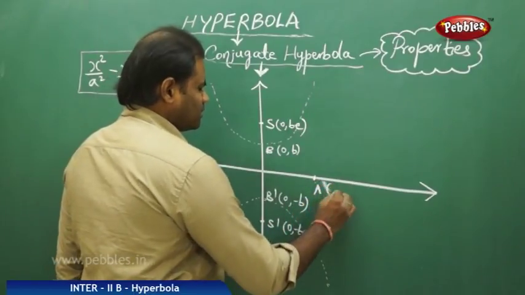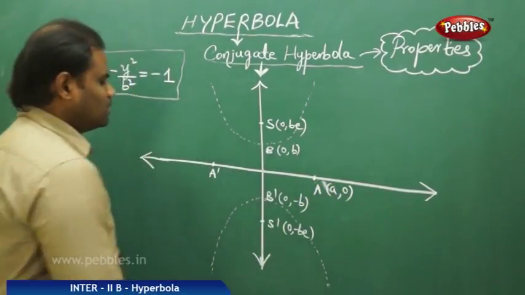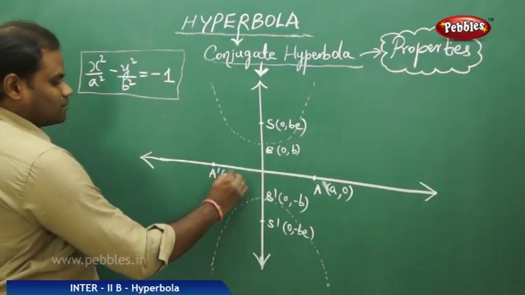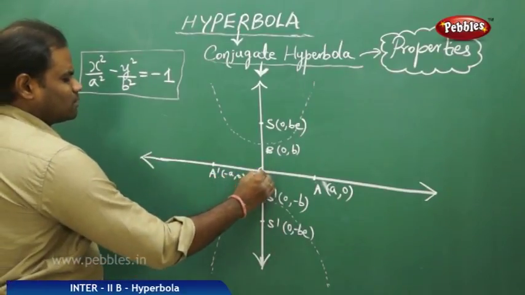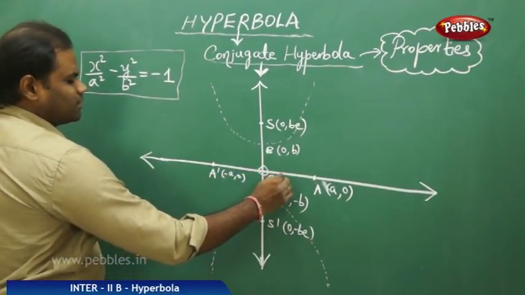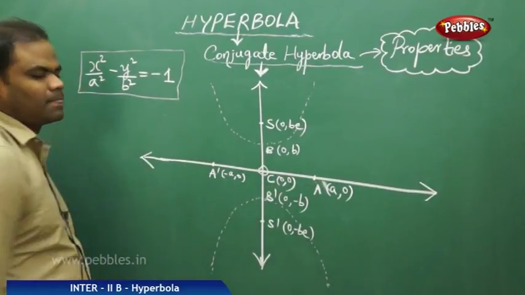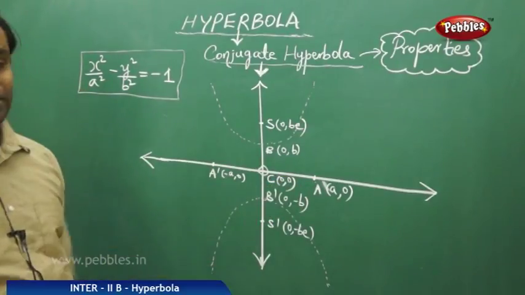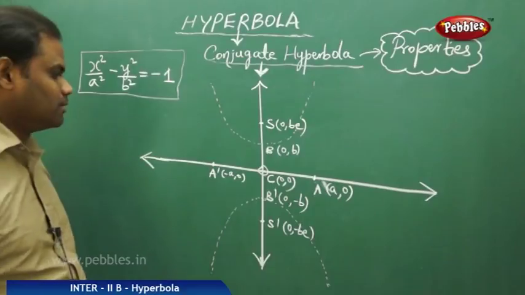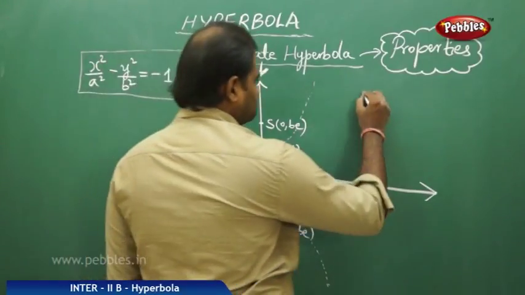My A, which is a, 0, and my A dash, which is minus a, 0, and C, which is the center of hyperbola or conjugate hyperbola, is given by this.